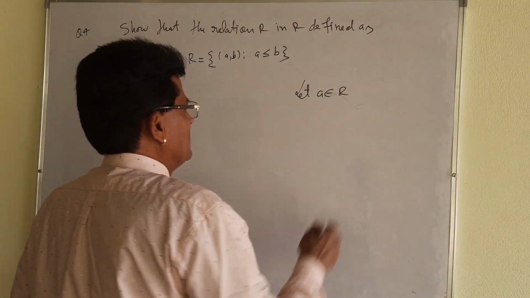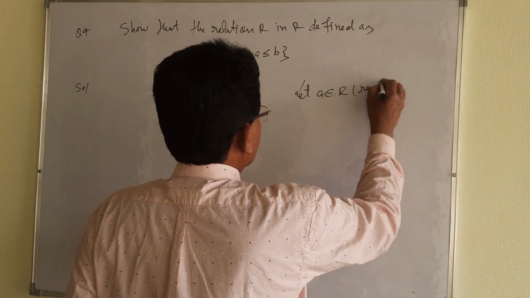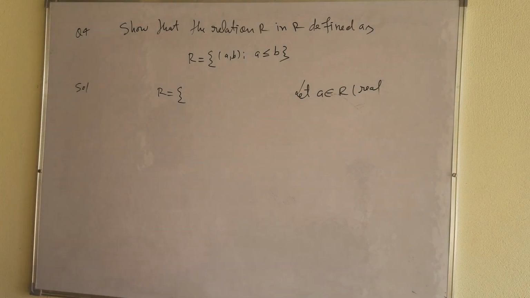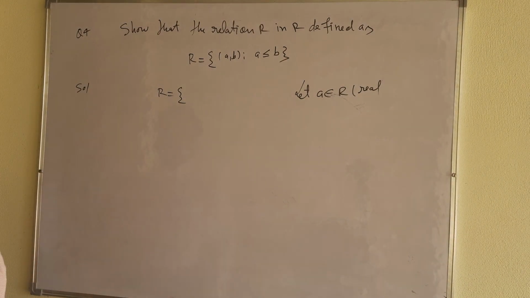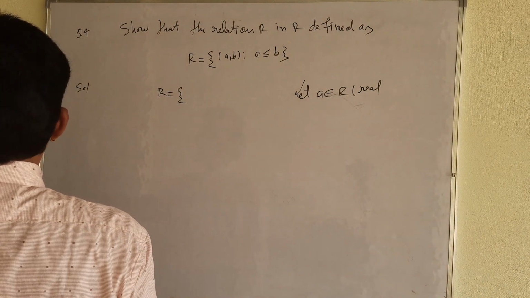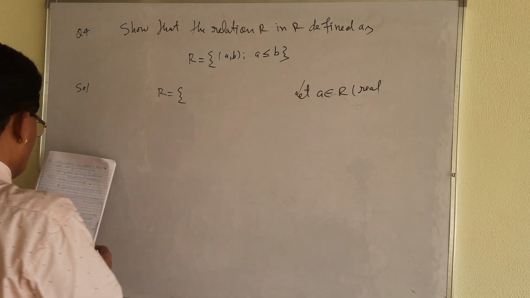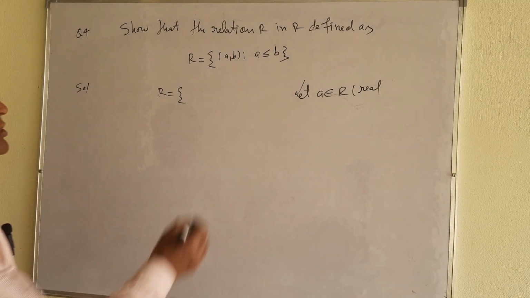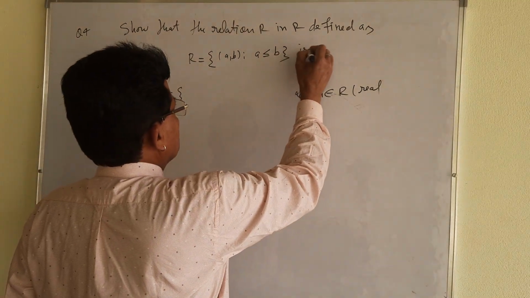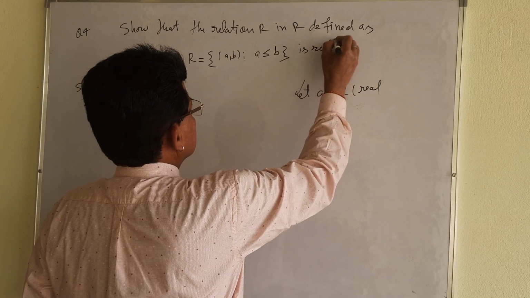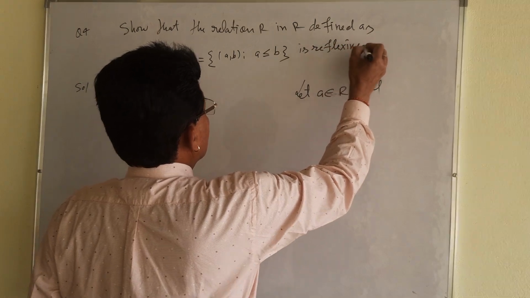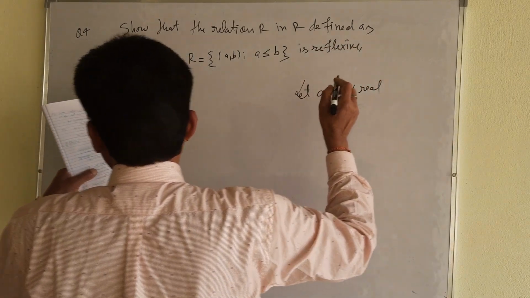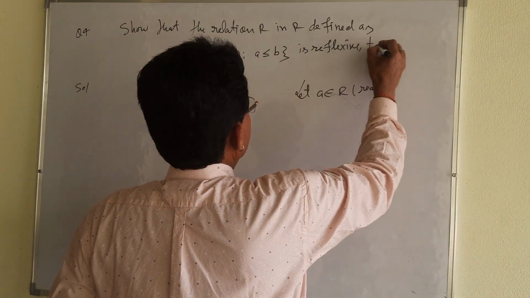I will take numerical values also. But you must prove it is reflexive, and next it is given transitive.